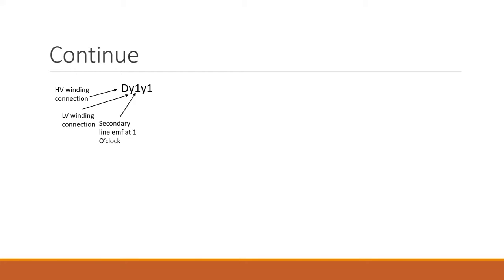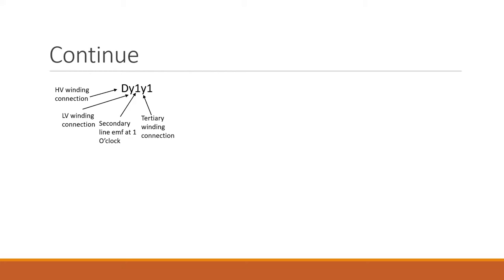Then what is 1 indicating here? The 1 indicates the secondary line EMF is at 1 o'clock. Then the next y, the third letter, written in lowercase, represents the tertiary winding connection, and 1, of course, represents the line EMF.